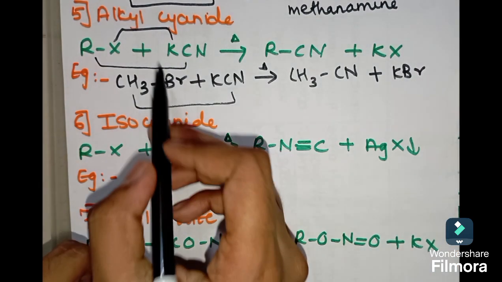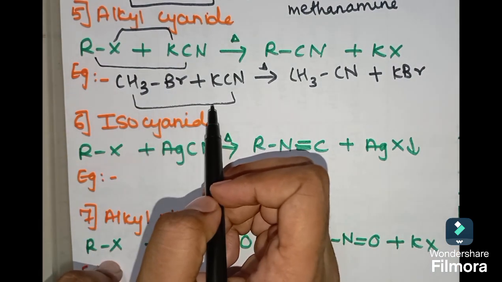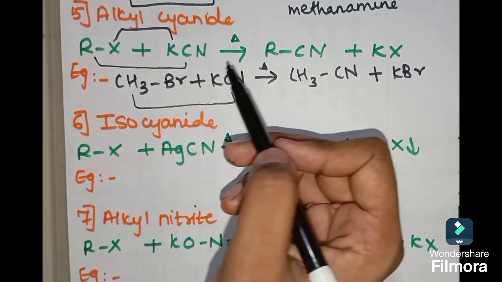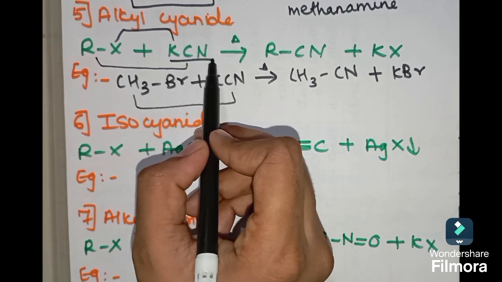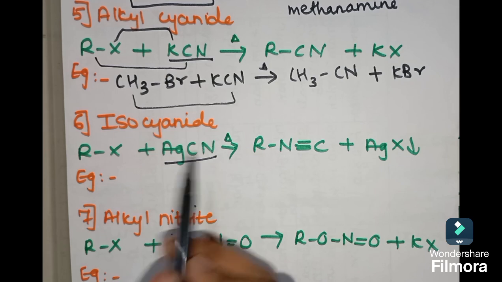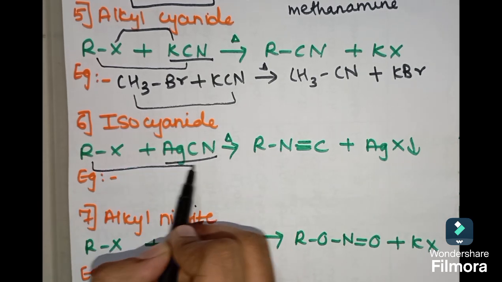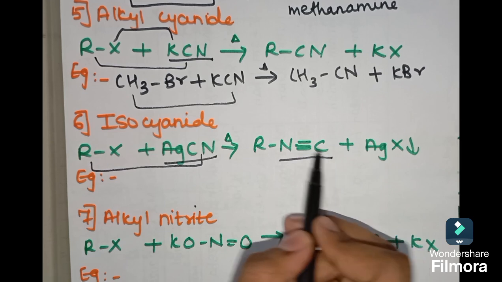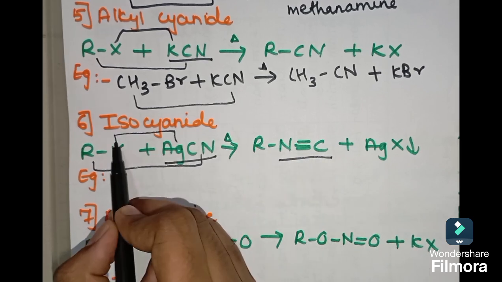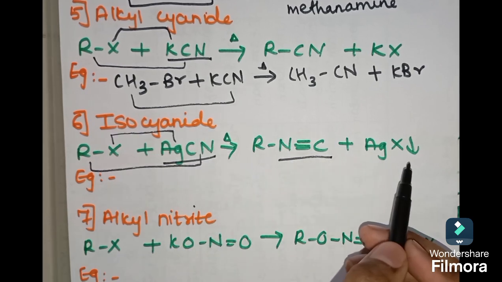Now I have to form isocyanide. The only change over here is that instead of potassium cyanide you have to take silver cyanide, and when we take silver cyanide there will be formation of an isocyanide, that is NC, not CN, and AgX will be formed as a byproduct. It is a precipitate.